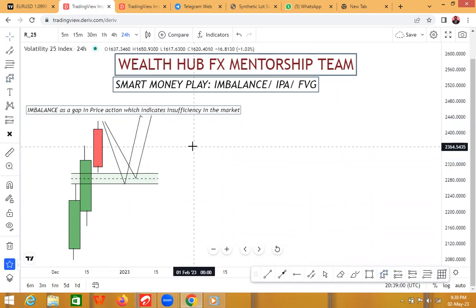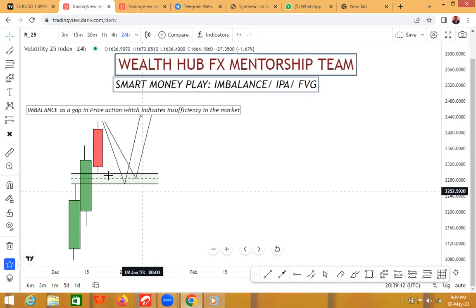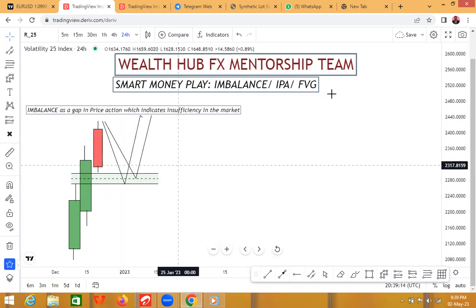Most times price comes to the 50% of the imbalance and trades away. Either 50% or they will close the imbalance completely.